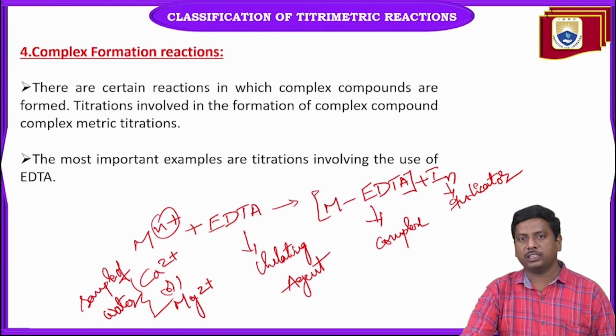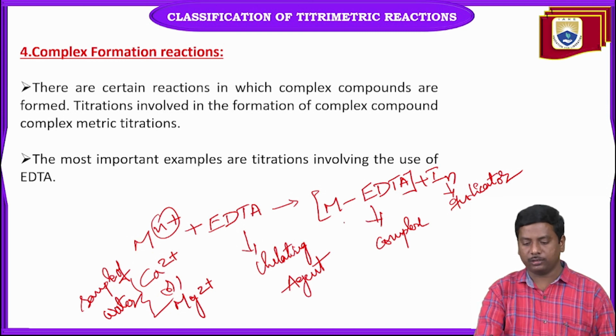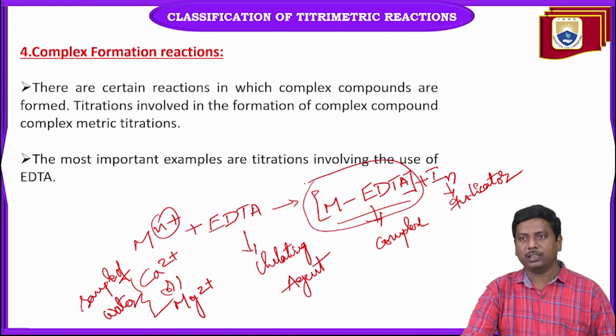So in this case the metal ions take the electrons and EDTA donates them, which is why a complex compound forms between the metal and the ligand. That is called the metal-EDTA complex. Generally the complexes are shown in big brackets, and finally the indicator is released.